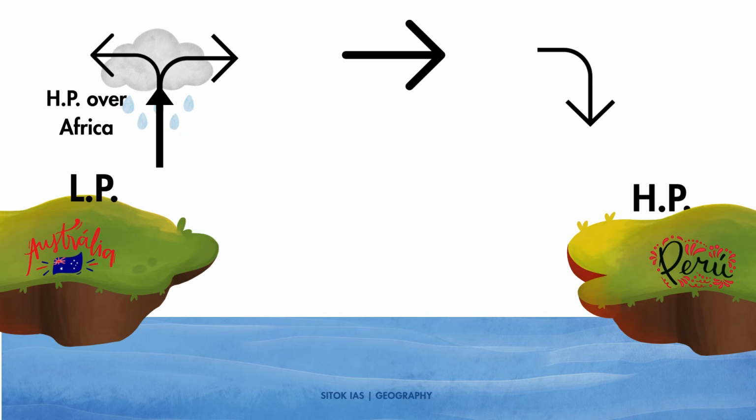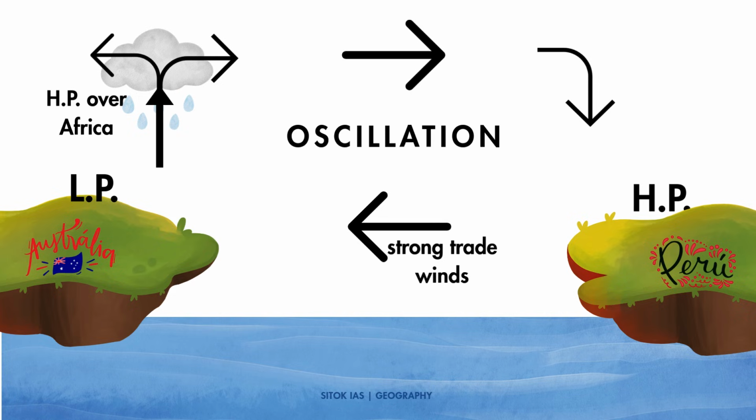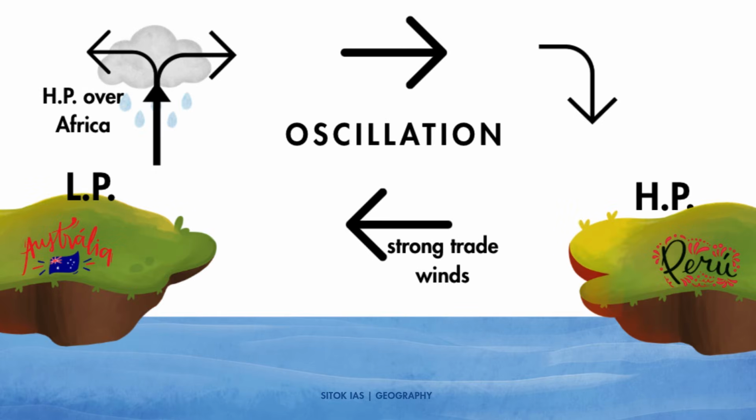The other branch goes and falls over Peru. This increases the high pressure, and strong trade winds just rush from Peru region to Australia region over the Pacific Ocean. These are very strong trade winds. These are called the Southern Oscillation. This is a normal Southern Oscillation.